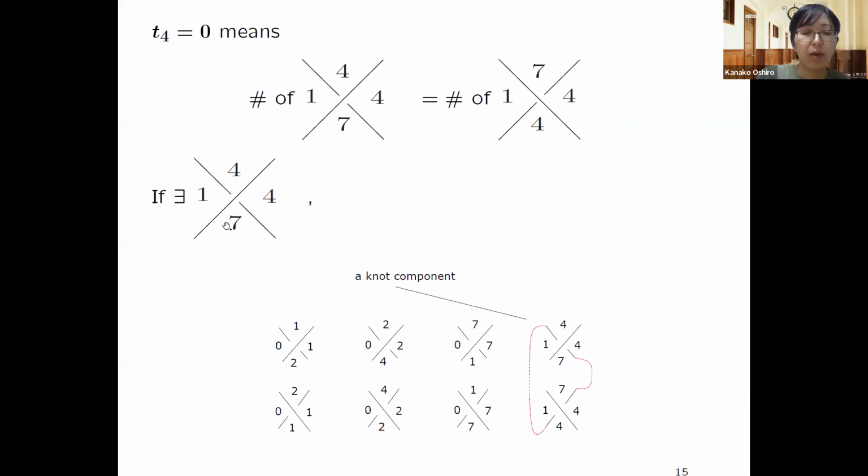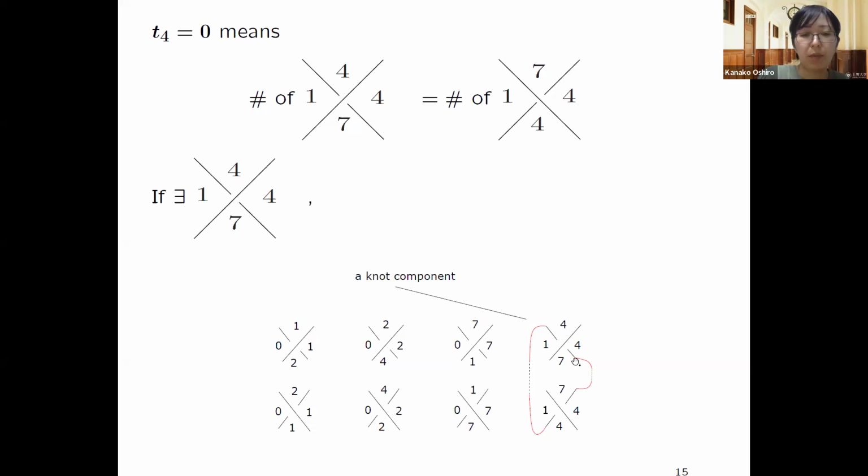So if we have a crossing colored by 1, 4, 7, 4, the semi-arcs with colors 1, 4 on both sides and the semi-arc with colors 7, 4 become one component.